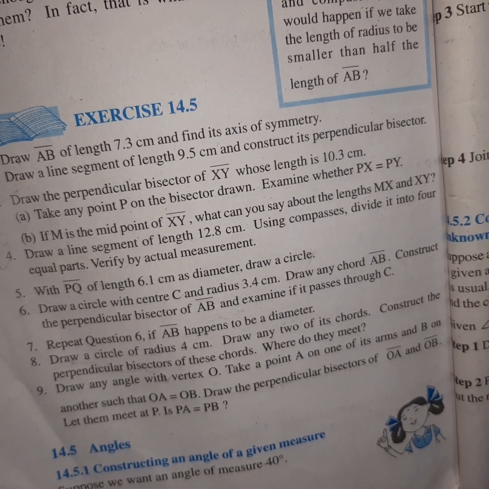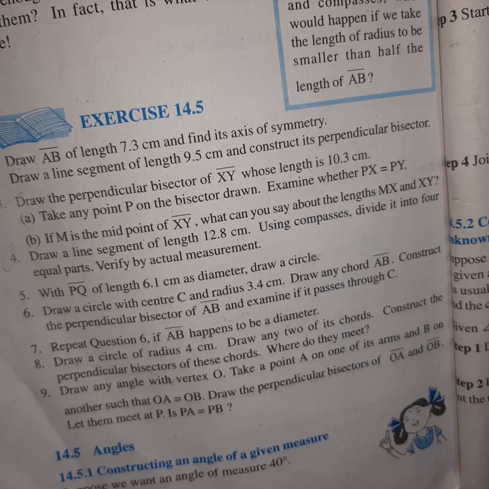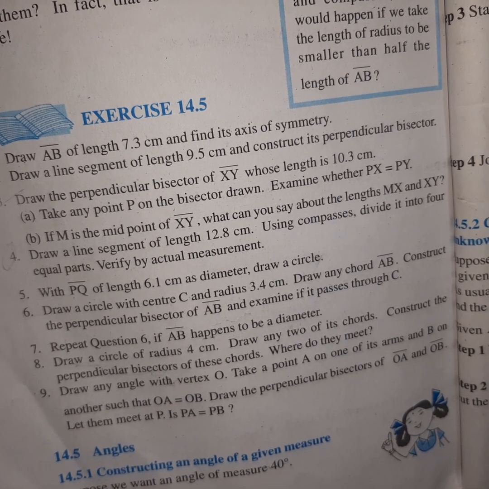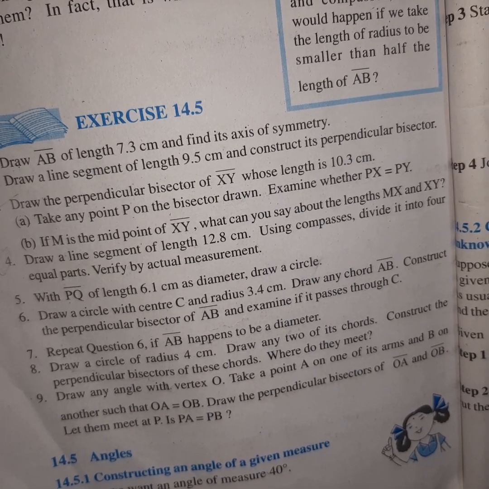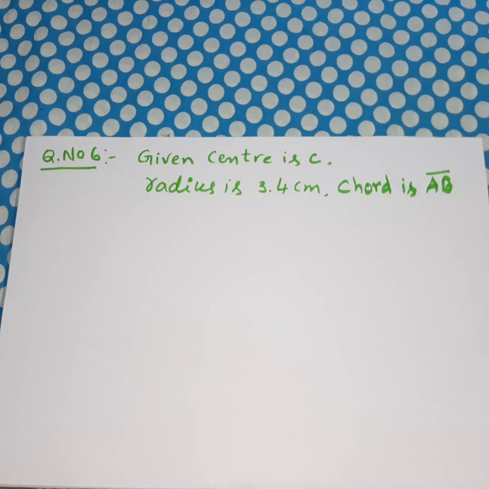We need to check whether the perpendicular bisector we are drawing is passing through the center of the circle or not. Okay, children? Given that the center of the circle is C and radius is 3.4 centimeter, take any chord AB and draw a perpendicular bisector of the chord AB.